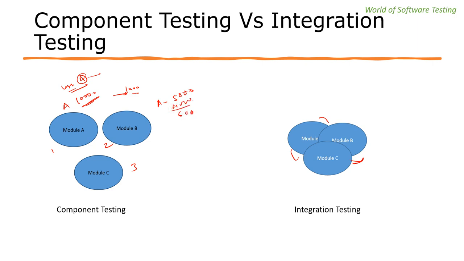If this is occurring, we can say that integration testing is successful. And if it failed, that is if you are not seeing this balance of 6,000, then you can say that integration failed because it's not working as expected. It should be 6,000 in user B's account.